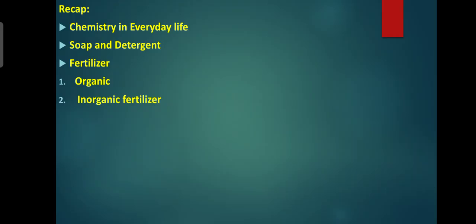Examples: vermicompost and compost. Second one, inorganic fertilizer. The fertilizers prepared by using natural elements by making them undergo chemical change in the factory are called inorganic fertilizers. Examples: urea, ammonium sulfate and superphosphate.